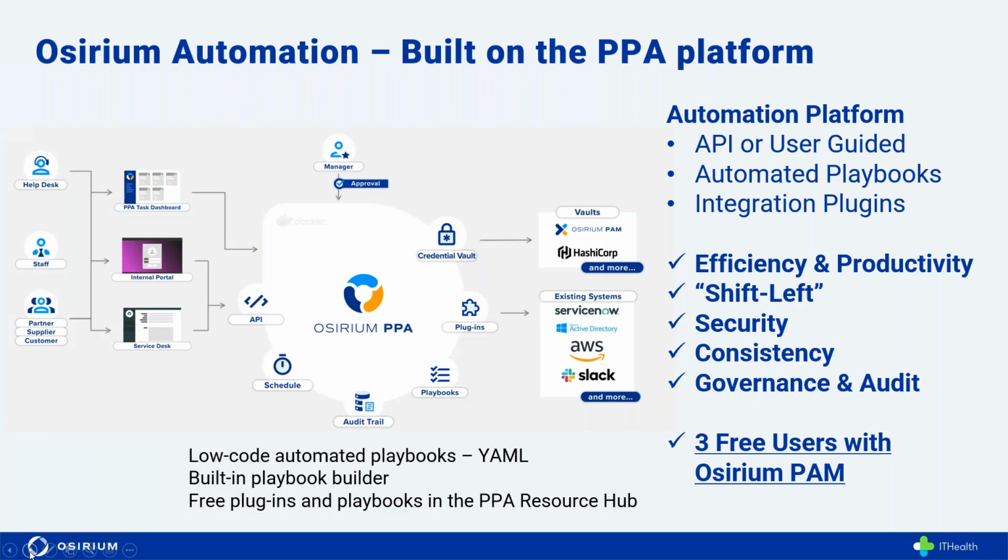This is a very, very flexible platform. We've already talked about a lot of this. We've seen the Active Directory functions today, and we've seen it being driven by the PPA dashboard, the automation dashboard there. But as Wes said, you can integrate this via an API into your existing portal, if you've got one that you want to use, or a service desk tool like ServiceNow, or any other one.